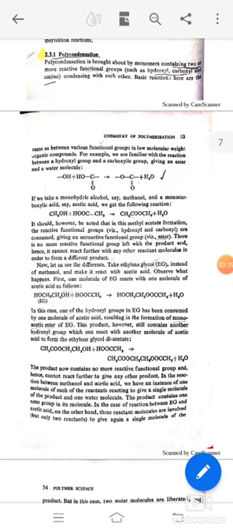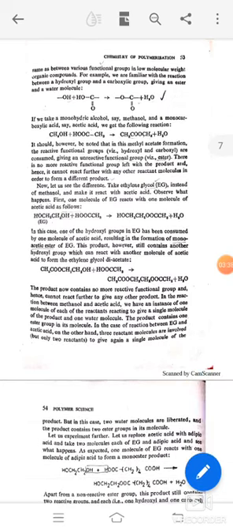This product, however, still contains another hydroxyl group which can react with another molecule of acetic acid to form ethylene glycol diacetate. This is the example: the hydroxy ester plus carboxylic acid forms this.